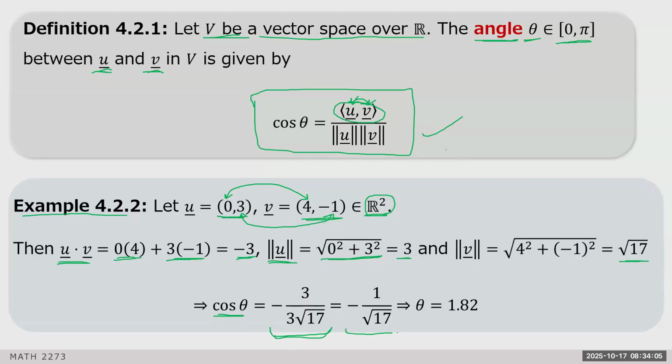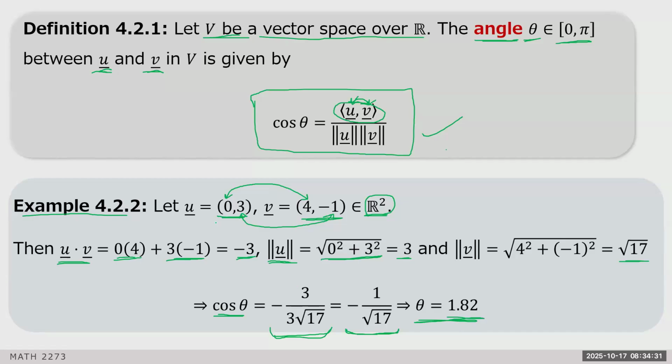That simplifies to -1 over root 17, and you get theta equal to 1.82. Now remember again, unless I tell you otherwise, your calculator should be in radians mode. So this is 1.82 radians, not degrees.